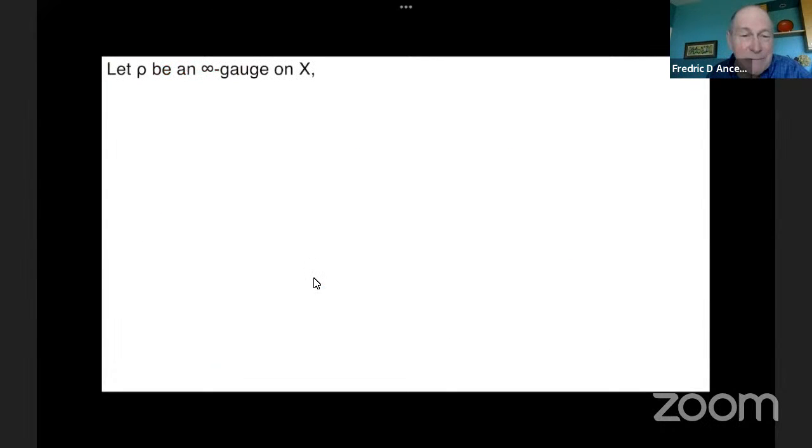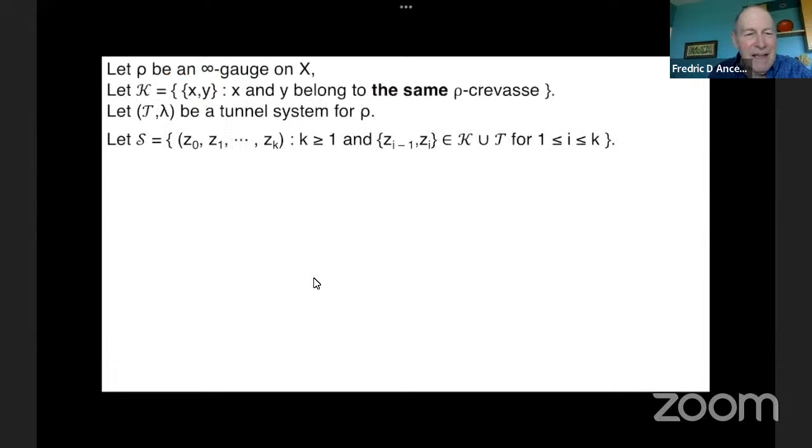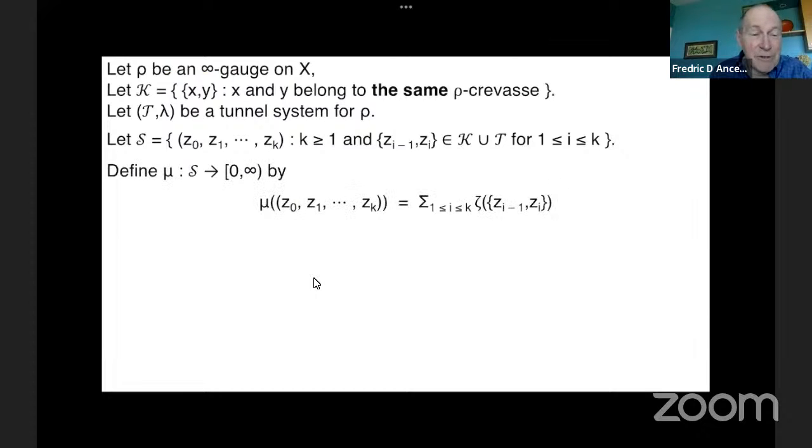And then suppose I've done this. I have this tunnel system, and I look at the set of sequences where every step is either a pair of points that are finite distance apart or in the tunnel system. And I will define a function, sort of a distance function now associated with this setup.